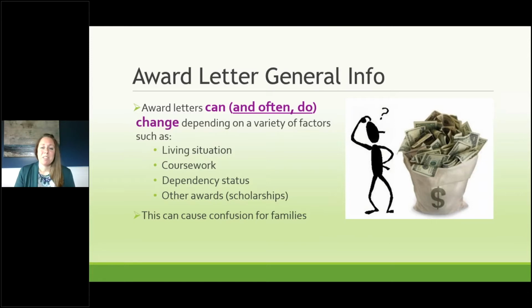If that information came back initially and said that the student was independent, self-supporting, and it turns out that student is not independent, they misunderstood the question, then when the correction came back, the student is dependent, meaning they have to list parent information on the FAFSA. When that happens, that can change what the student qualifies for as far as financial aid goes.